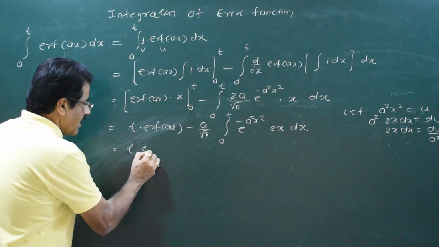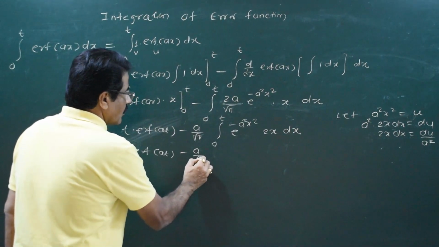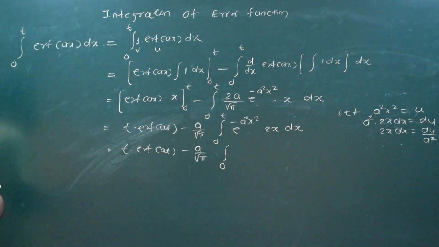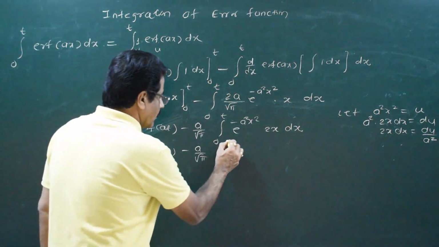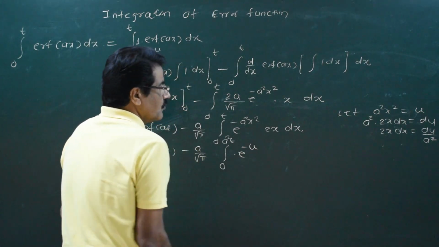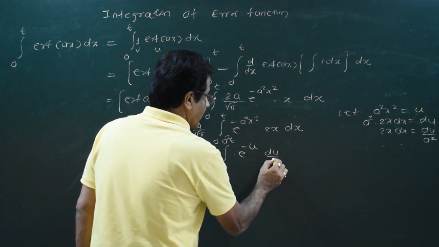So t into error function of at as it is, minus a upon root pi into integration. When x is 0, u is 0, but when x is equal to t, we get u is equal to a square t square, e raised to minus u, and 2x dx is nothing but du upon a square.